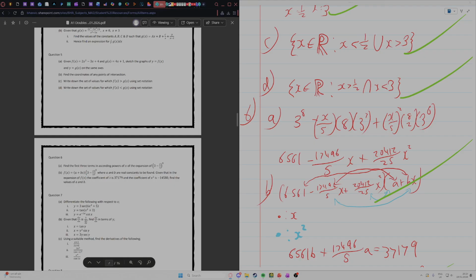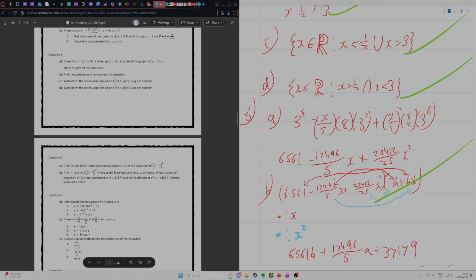Now for this next question, given that these coefficients are these things, find the values of a and b. Well, I wrote this binomial out. You don't need to worry about any other term above this because we're only looking for the terms of x squared and x. If we have an x cubed term in this original thing, it isn't going to turn into x or x squared from this term here.